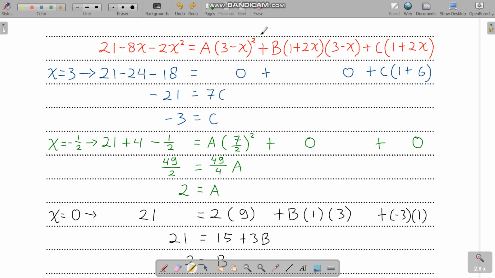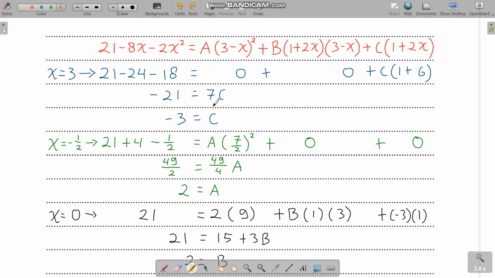So you plug in 3 and simplify, and this term goes to 0 because 3 minus 3 is 0. Same thing here. We only have 6 plus 1, which is 7. So 7C equals 21, C equals minus 3.